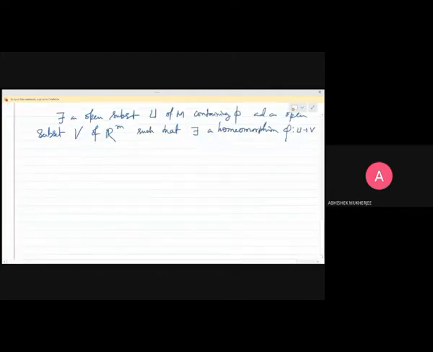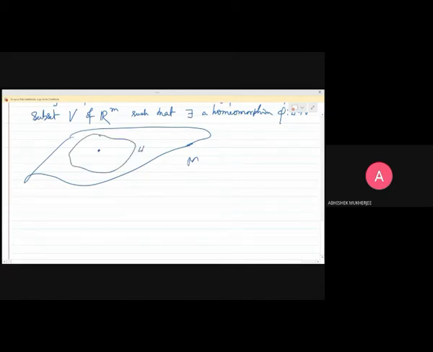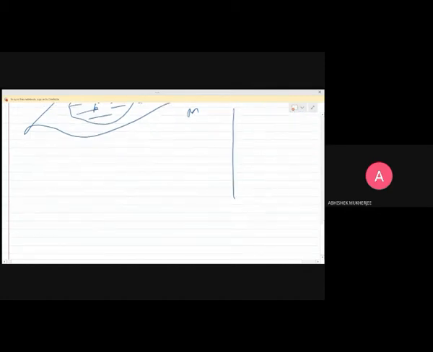So if you draw the picture, okay, this is your M. Suppose this is your P and this is your U. Around this P you will have an open set U, and you can find an open ball in Rm.